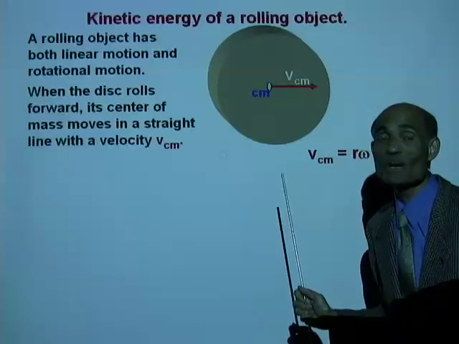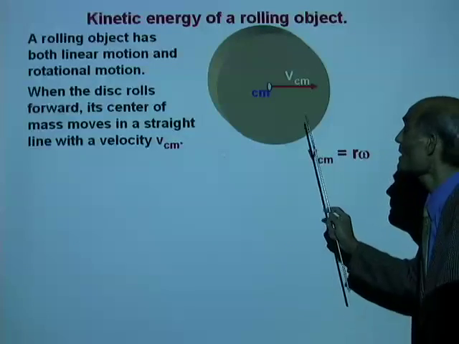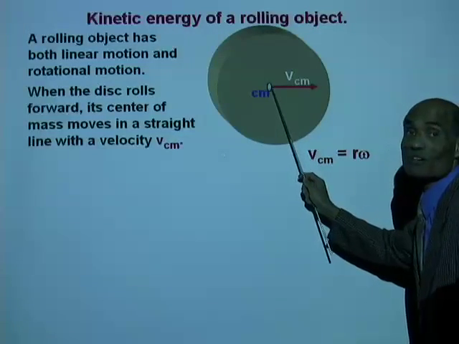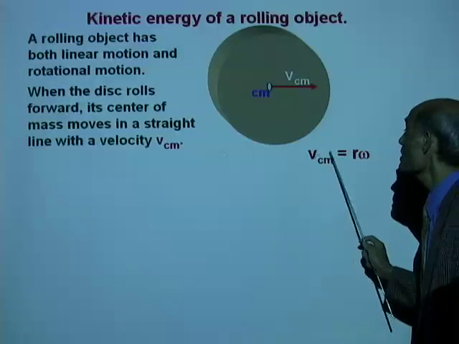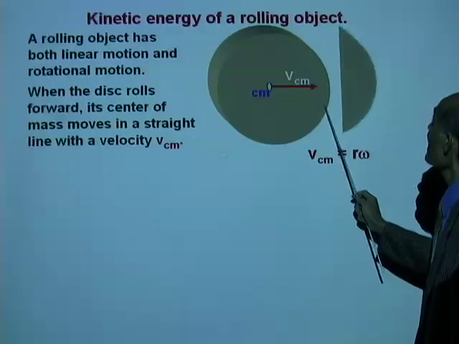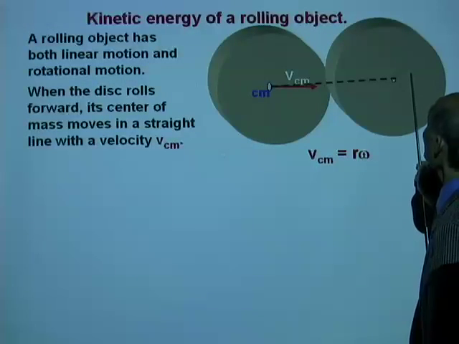Are you familiar with that equation? Yes, v equal to r omega. So its center of mass will be moving forward with a velocity v center of mass equal to r omega, and it rolls on.